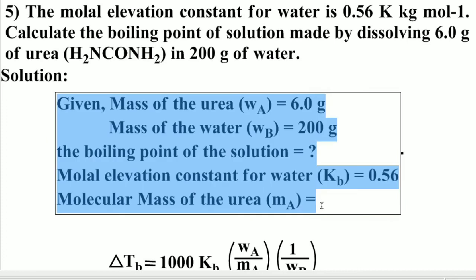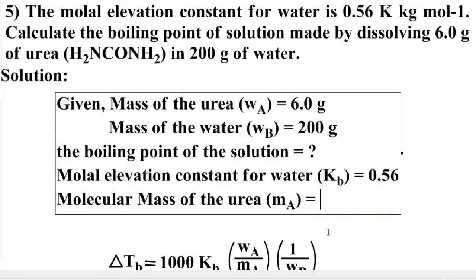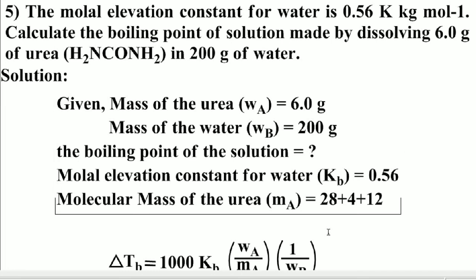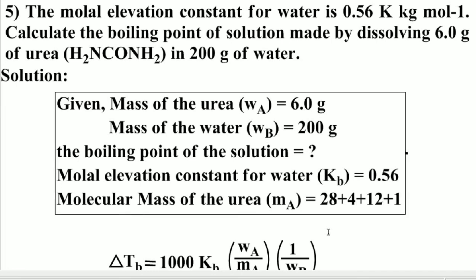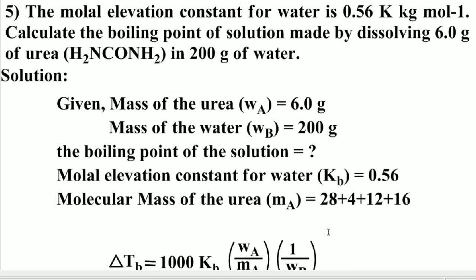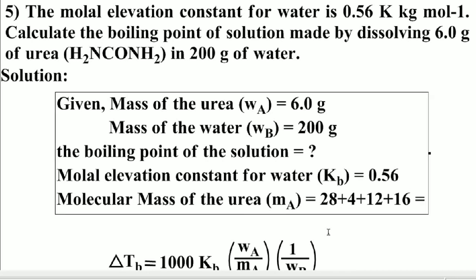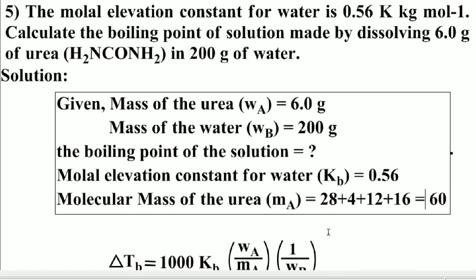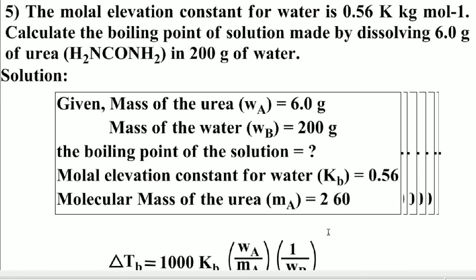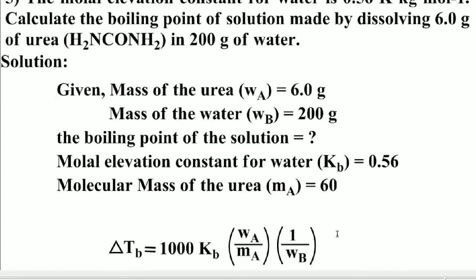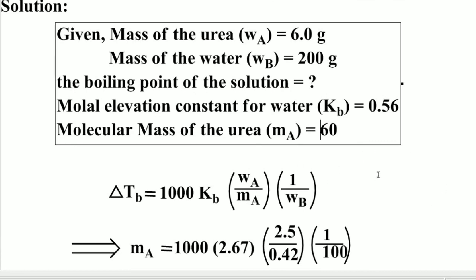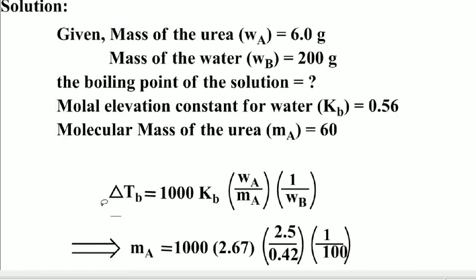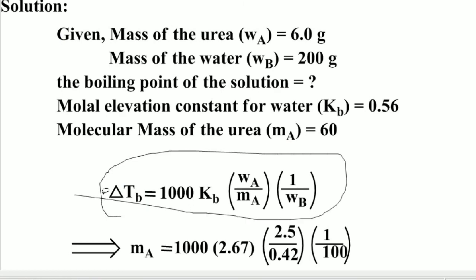Therefore the molecular mass MA of urea is 2 into 14, that is 28, plus 4 hydrogens, plus 12 for carbon, plus 16 for oxygen. On addition we get 32 plus 28, which is 60 grams. So the molecular mass of urea is 60. Now students, we know the formula for elevation in the boiling point delta TB.